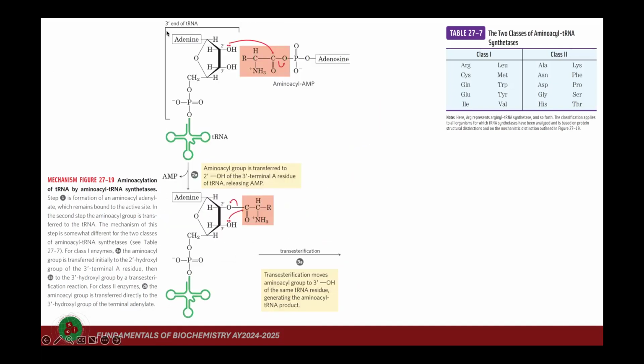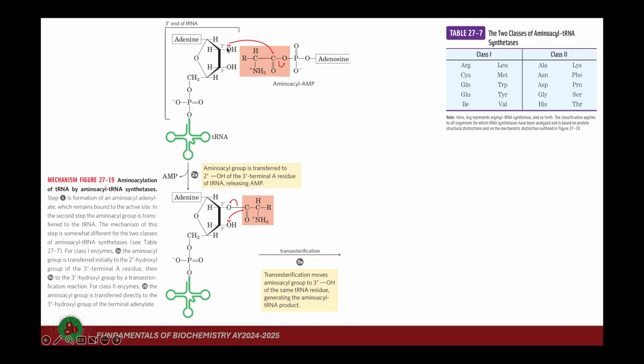For class 1, we see the 2' OH of the 3' terminal nucleotide of your tRNA attacking the carbonyl carbon in your aminoacyl-AMP. AMP is a very good leaving group, so this nucleophilic attack is enhanced. Then there is a rearrangement, because your amino acid should be attached to the 3' OH of your ribose.